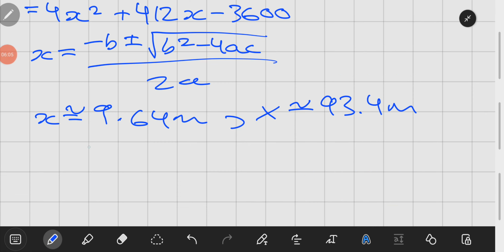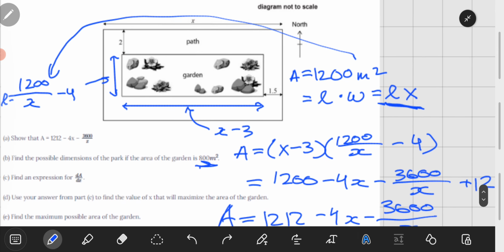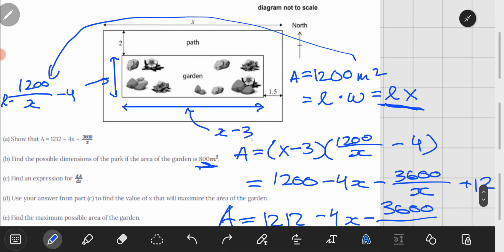So these would be our widths of the garden, as I have assigned it, and that's of course accounting for the subtraction of 4.